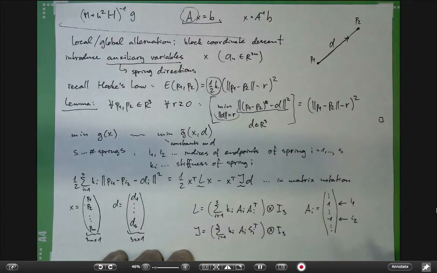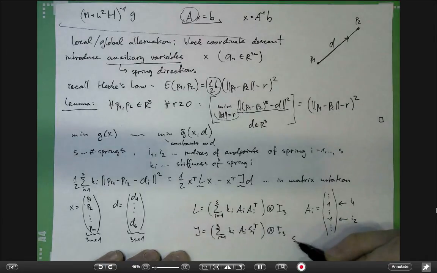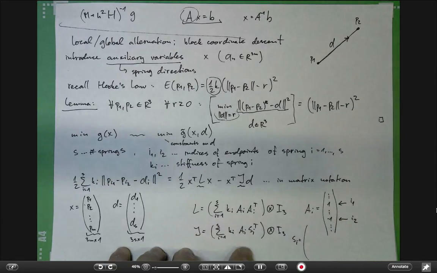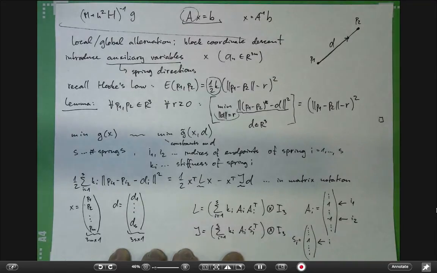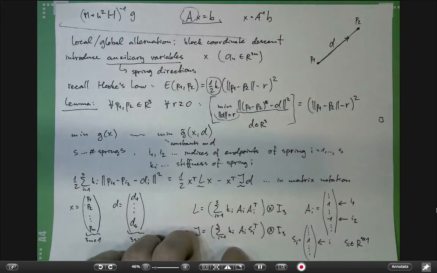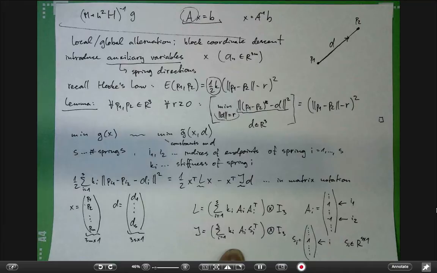Now you should be asking me what is S_i, and S_i is the indicator of the ith spring. So it means all zeros except for a 1 at position i. So S_i is s by 1, and A_i was obviously m by 1.